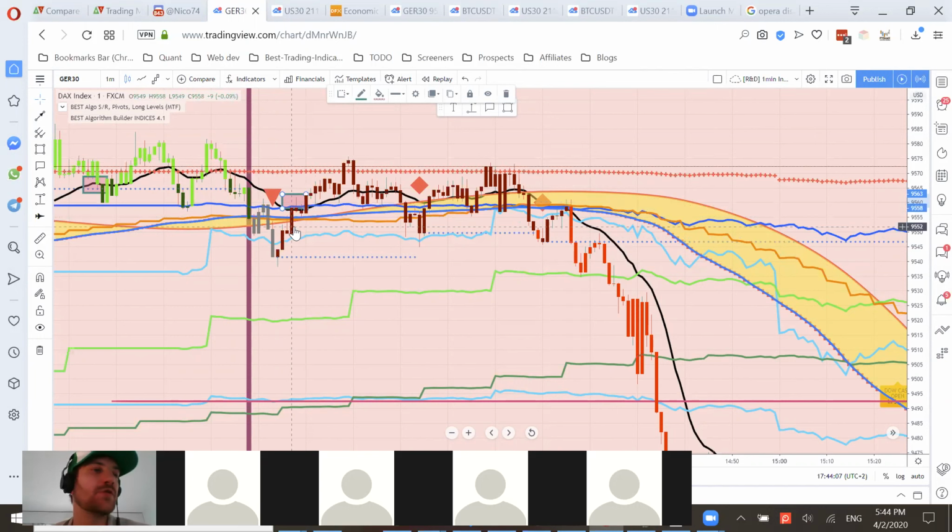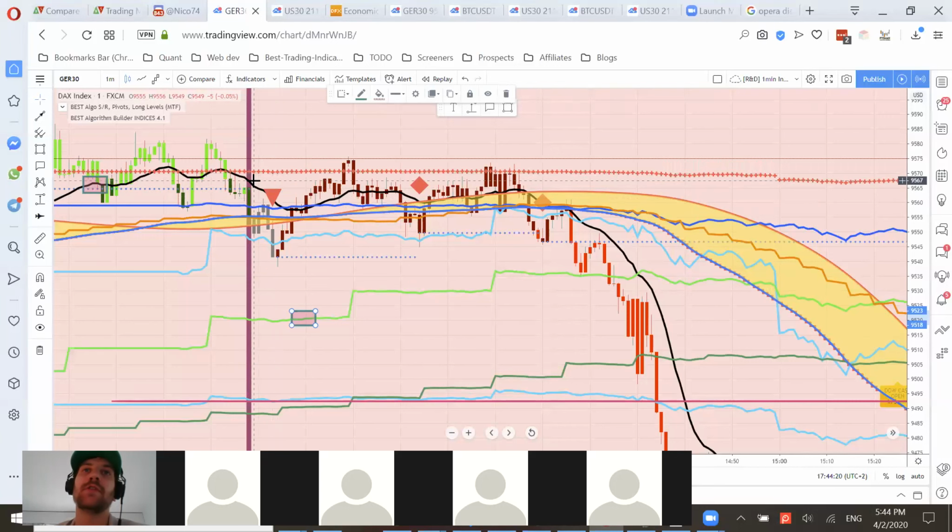So if I want to understand if I need to wait for a pullback past the EMA 20 or not, it is based solely on this EMA 20 and cloud, yes.